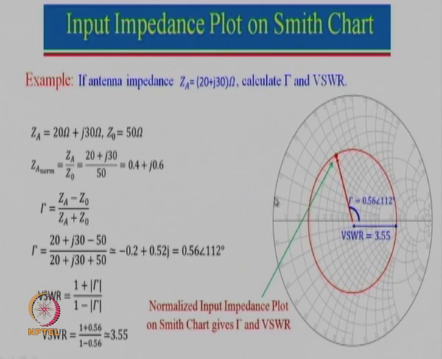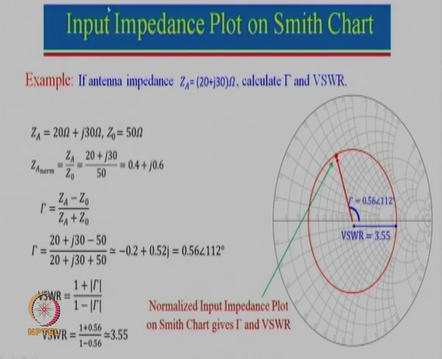Then we have all these curves over here like this. These are truncated circles, and over here also these are truncated circles. Now, this upper part is the positive and the lower part is the negative imaginary part. If you are plotting impedance, all the positive values correspond to inductive impedance, and all the negative values correspond to capacitive impedance.